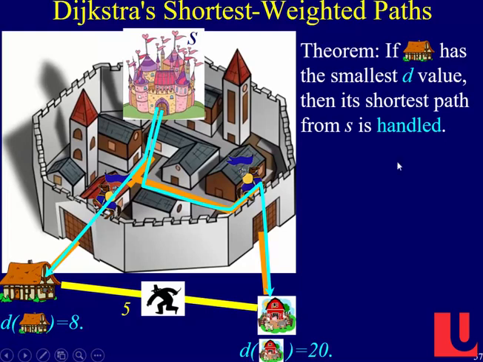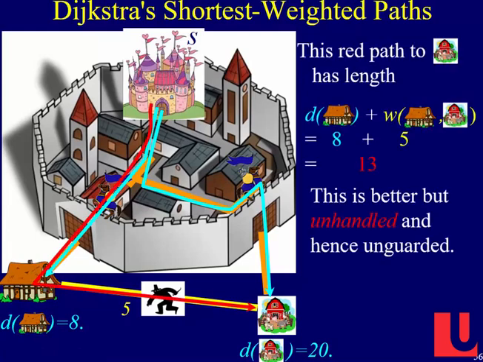So now we're going to prove something. We're going to prove that if the house has the smallest D value, then its shortest path from S is already handled. All right? So here, that's not true for this guy. The shortest path to it is of length 13, right?